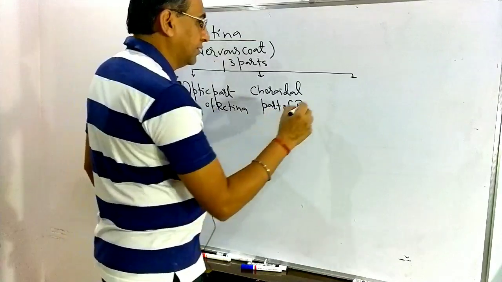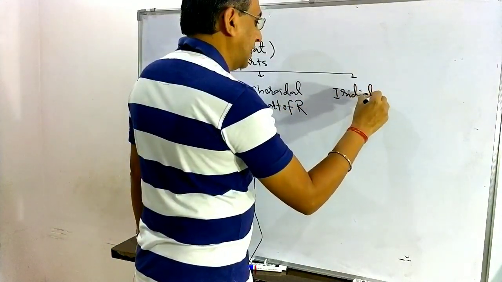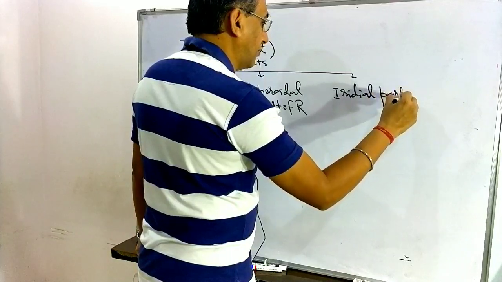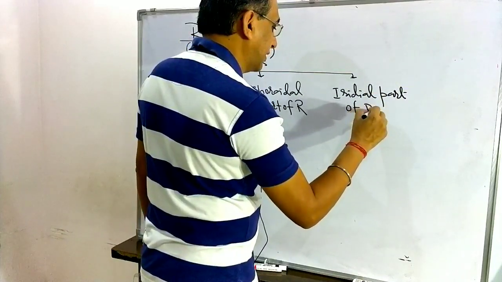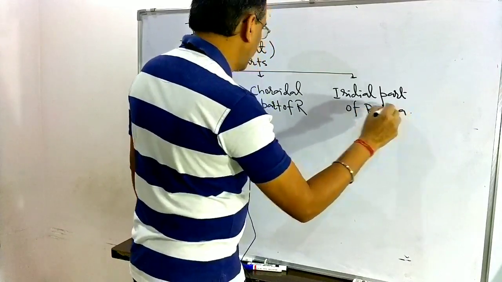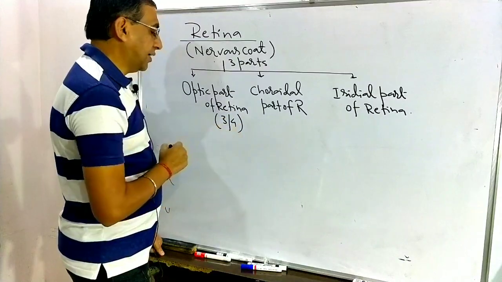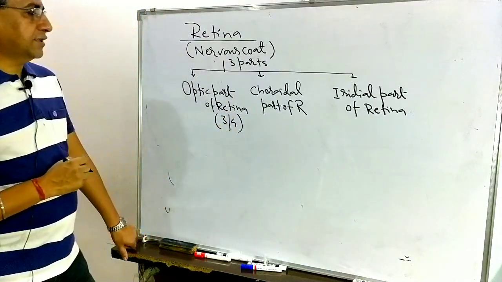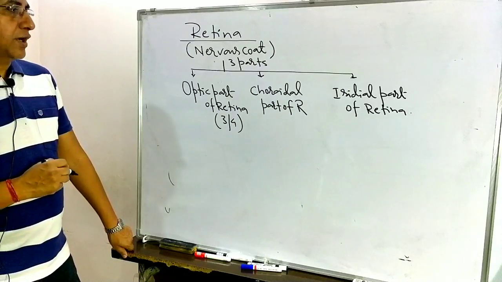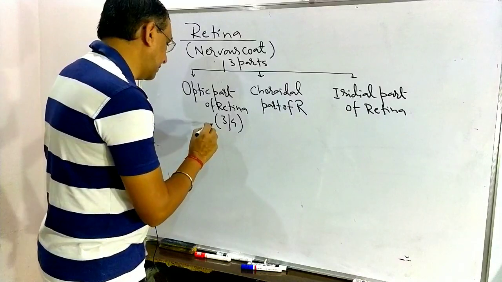And third, the iridial part of the retina, since the iris is also formed by the choroid and retina. Three-fourths of the inner surface of the eye is lined by the optic part of the retina.